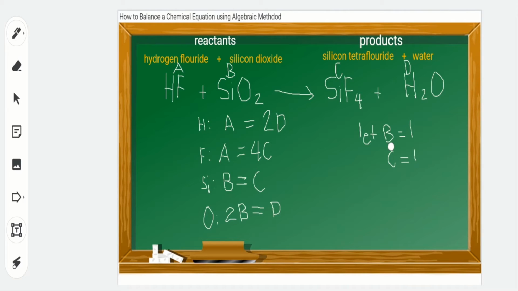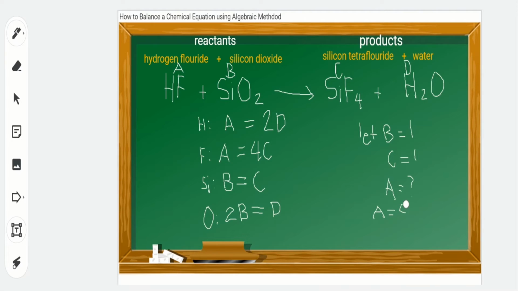Now, since meron na tayo ng initial value ni B at saka C, pwede natin itong gamitin para mahanap naman yung value ni A at saka ni D. Si A muna, hanap tayo dito ng equation. So, alam natin na si C is equal to 1. So, pwede natin gamitin to para mahanap natin yung value ni A. Kasi A is equal to 4C. So, pag gagamitin natin yung equation na yan, A is equal to 4C.